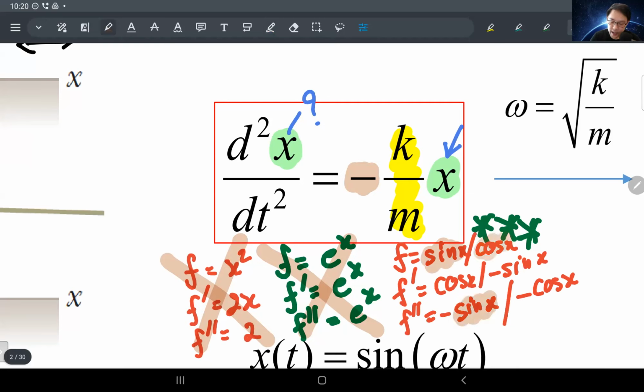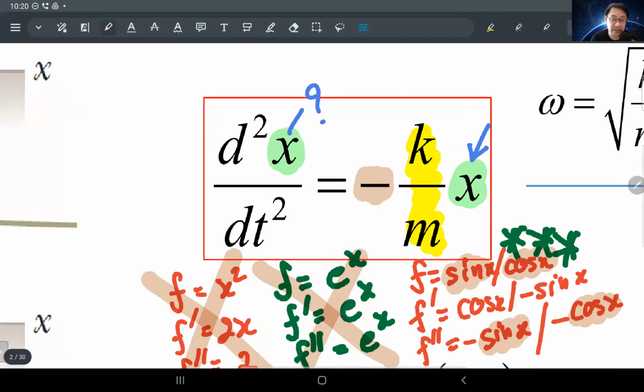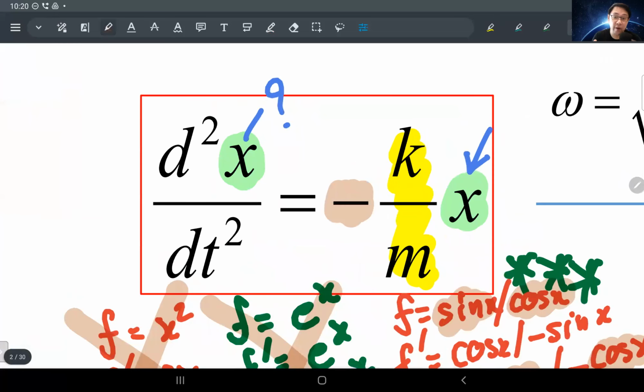You start with the cosine, you end up with the cosine with the negative sign in the front. That's perfect. So this is the reason why the answer to this differential equation, at least, has to be a sine cosine function. And then you now understand why you have to study sine and cosine since you were kids.